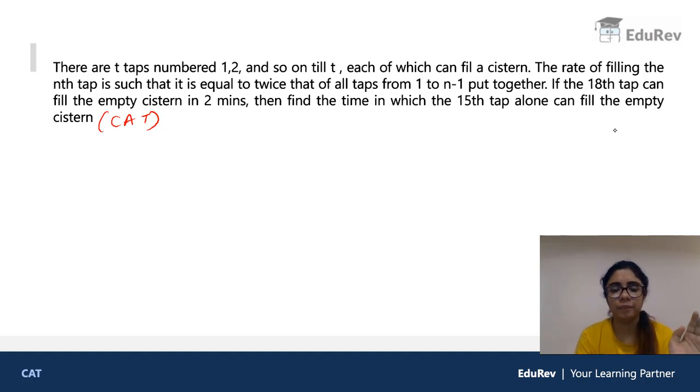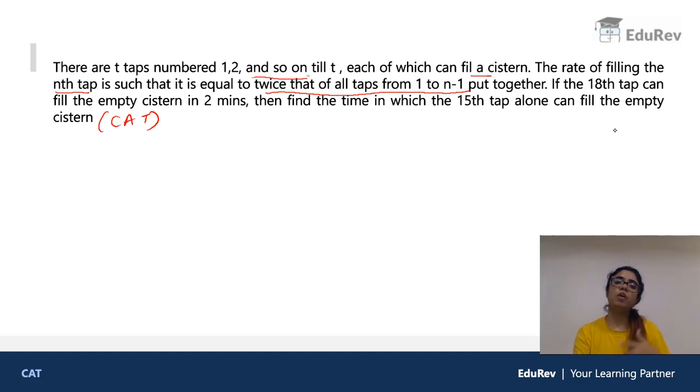Let's try to understand. There are T taps numbered 1, 2 and so on till T, each of which can fill a cistern. So there are T filling taps. The rate of filling of the nth tap is equal to twice that of all the taps from 1 to n put together.